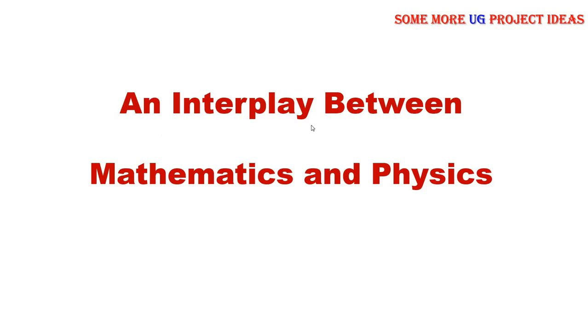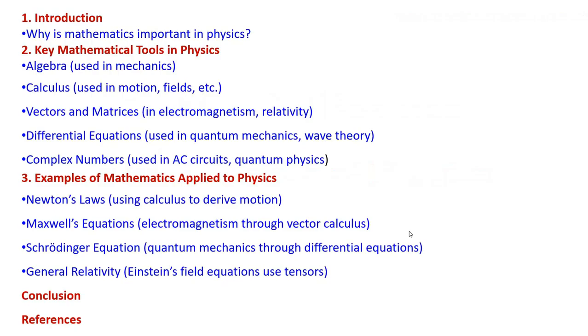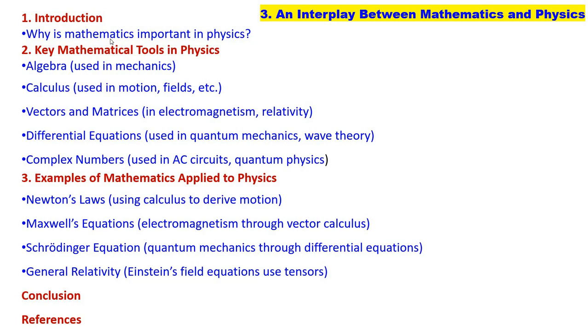Next topic is an interplay between mathematics and physics. There, why mathematics is so important in physics can be mentioned. And again, in the preliminary concepts, you mention which mathematical concepts you are going to use: in calculus, differentiation and integration, and vectors, matrices, differential equations.